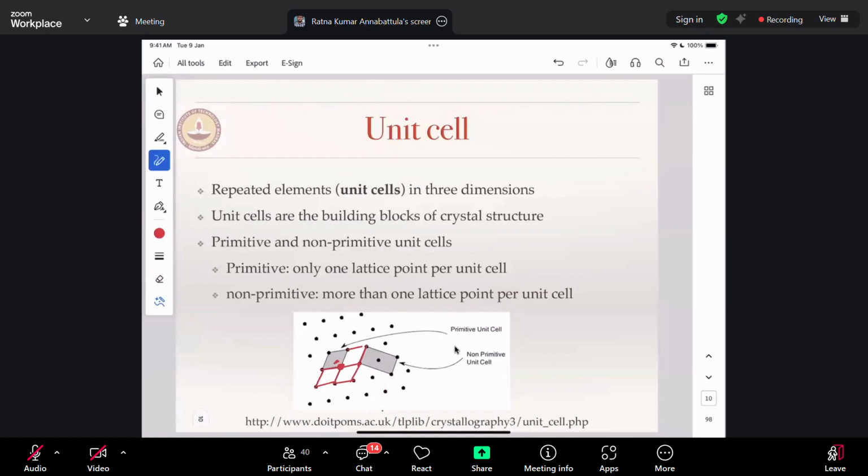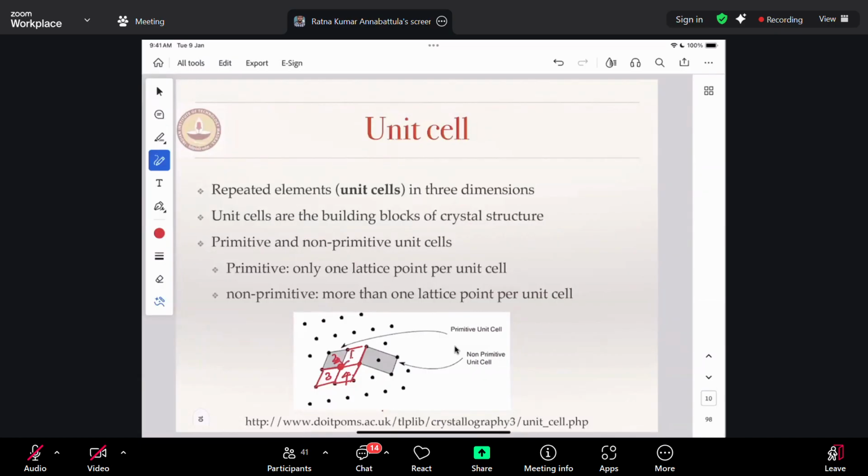This lattice point, or unit cell corner, is shared by how many unit cells? 1, 2, 3, 4. So this does not only belong to 1, but it also belongs to 2, 3, and 4. Which means this lattice point is equally shared by all the 4 unit cells. That means only 1/4 of this point belongs to each of the unit cells.